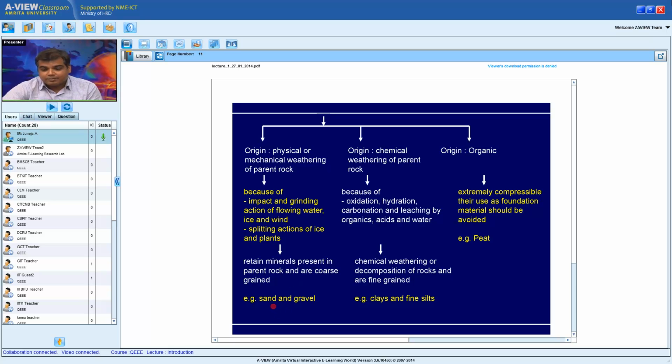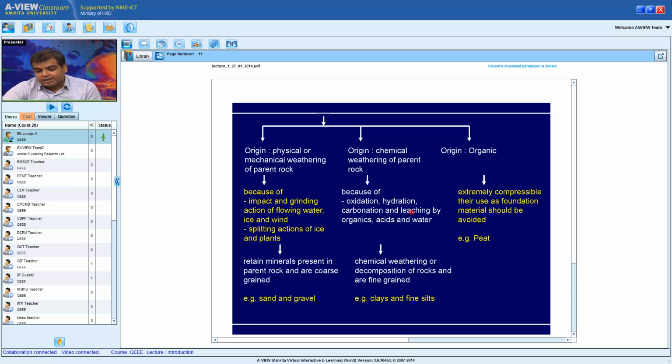Take an example that sands and gravel and coarse silt to some extent are examples of the physical weathering of rock. The second one is if the origin is from chemical weathering. The chemical weathering can be because of oxidation, hydration, or even leachate.